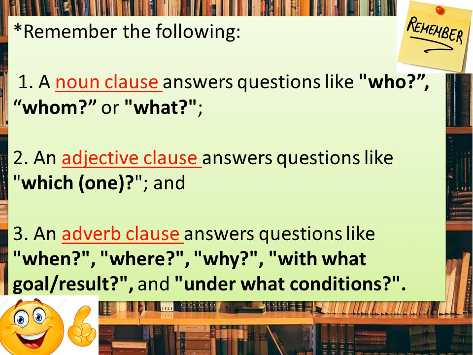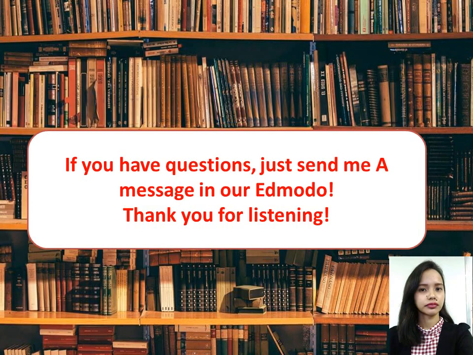And lastly, an adverb clause answers questions like when, where, why, with what goal or with what result, and under what conditions. So those are the different kinds of clauses and categories under dependent clause.